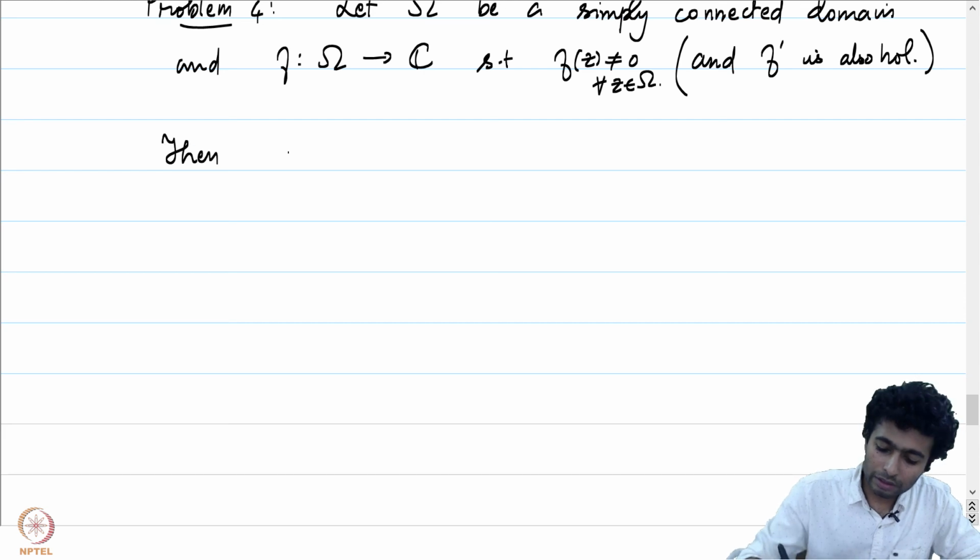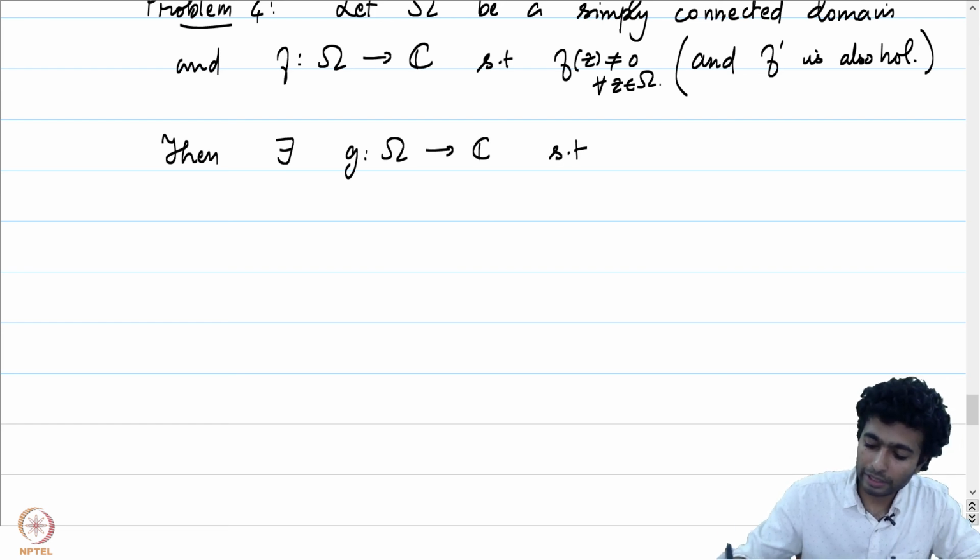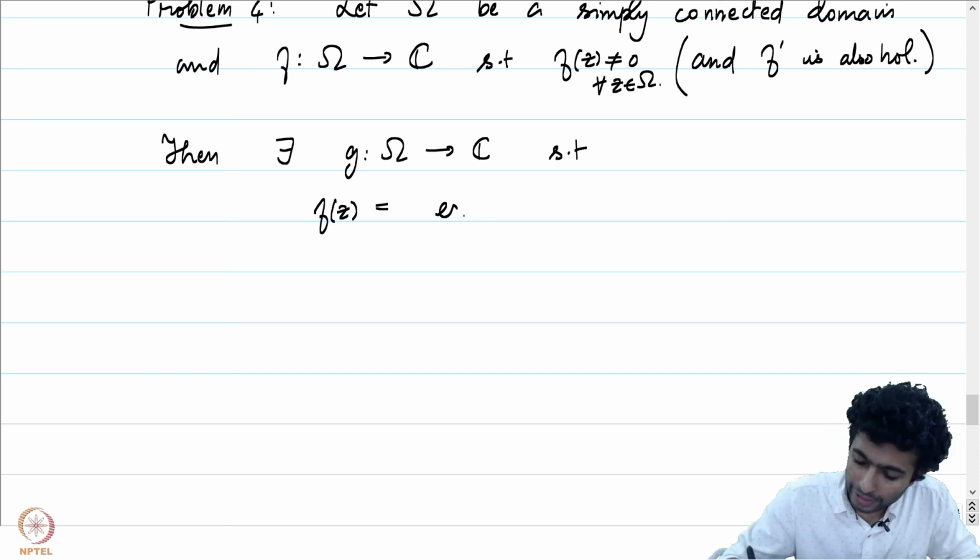Then there exists g from omega into C such that f of z is equal to the exponential of g of z.